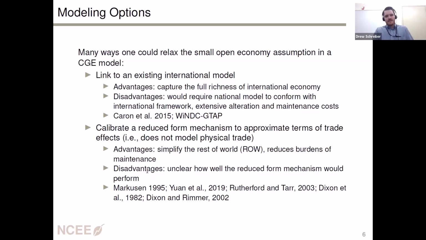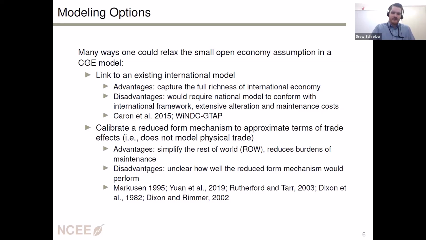Here, the advantage is to simplify the rest of the world significantly, reducing a lot of the model maintenance. But then, there was one potential disadvantage, and that was it wasn't clear how well this reduced form mechanism might perform relative to a full international model.